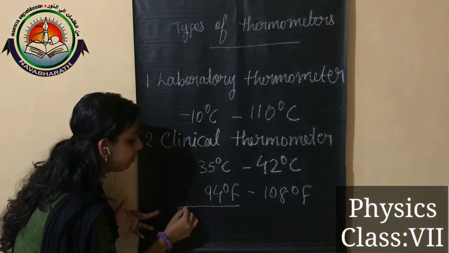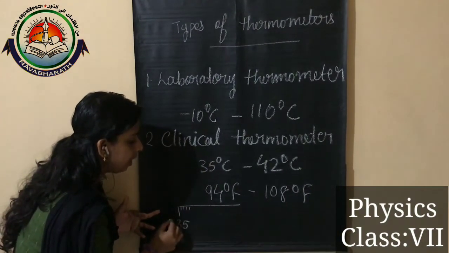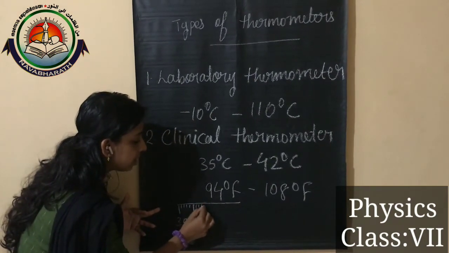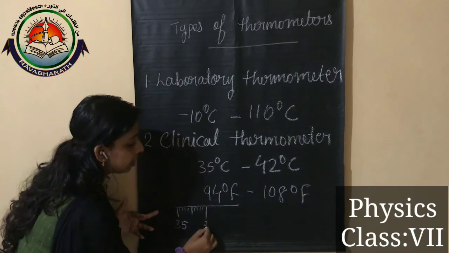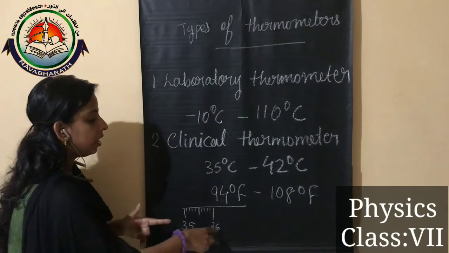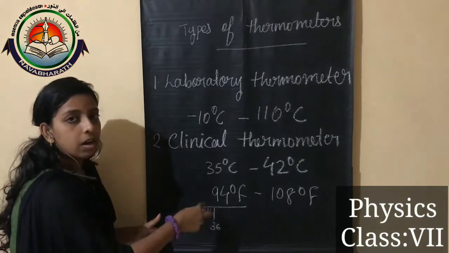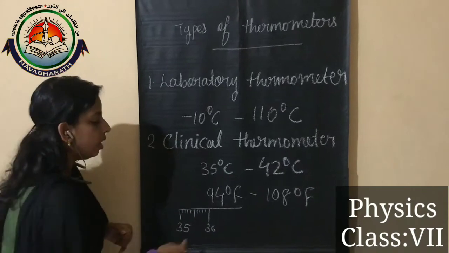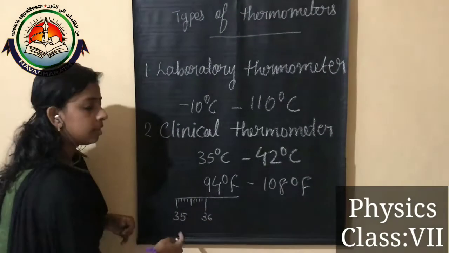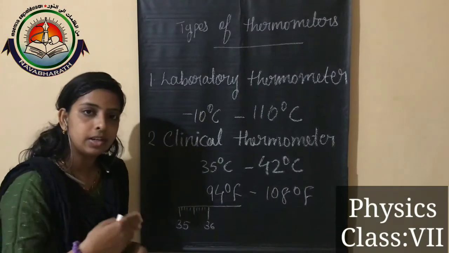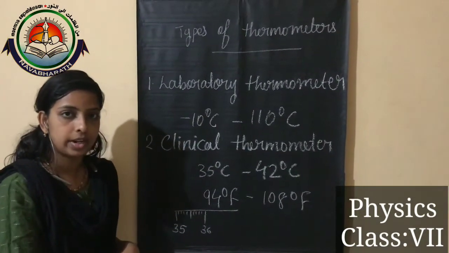In between there are some small divisions, and then 36, like this. So first we have to consider the difference between two consecutive values. Here 35 and 36: 36 minus 35 is 1 degree Celsius, right?